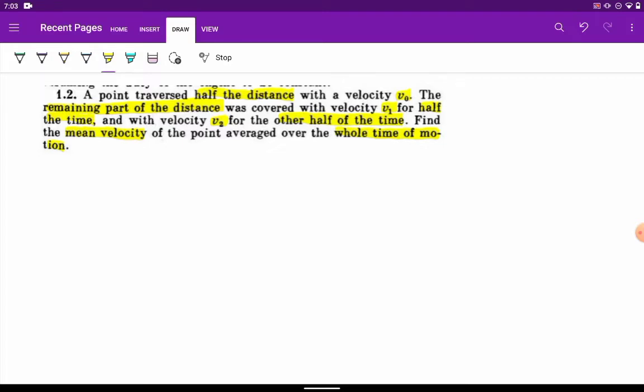So it's the total distance divided by the total time taken. As simple as that. We need to find the mean velocity with respect to only these three velocities, v0, v1 and v2.